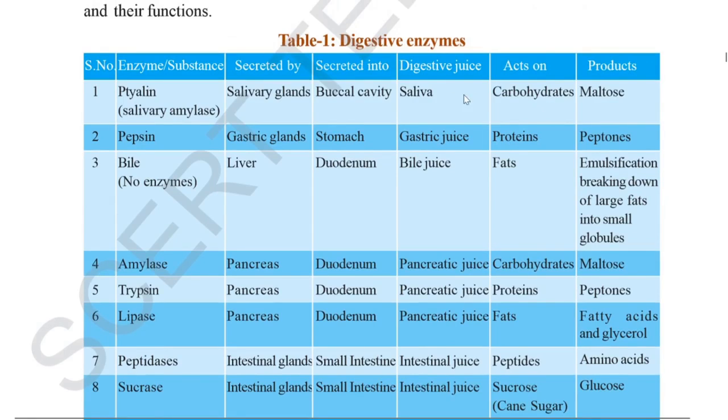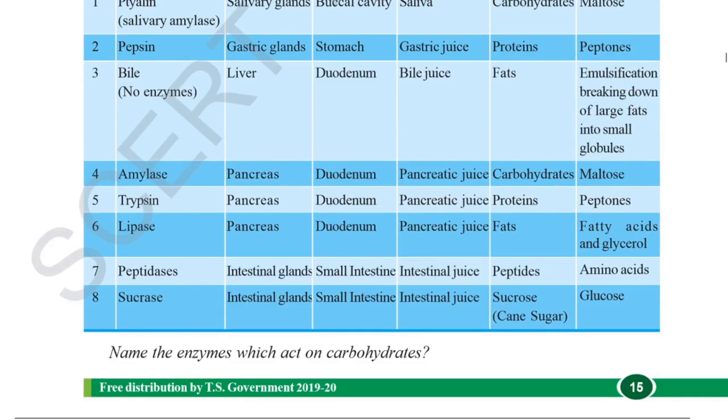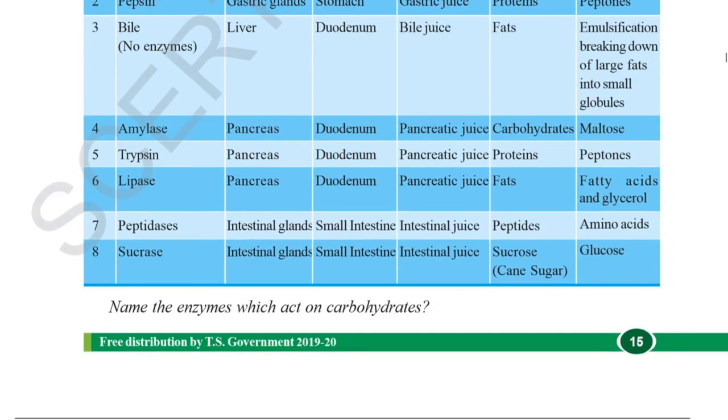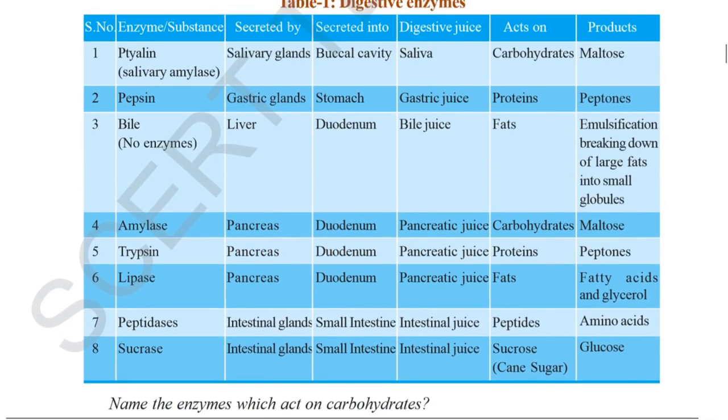Now the digestive juices: in saliva, ptyalin. Gastric juice, bile juice, and pancreatic juice, as they are released by the pancreas. Bile is released by the liver, so bile juice. Pepsin is released by the gastric gland, so gastric juice. Ptyalin by the salivary gland, so saliva. And intestinal juice.